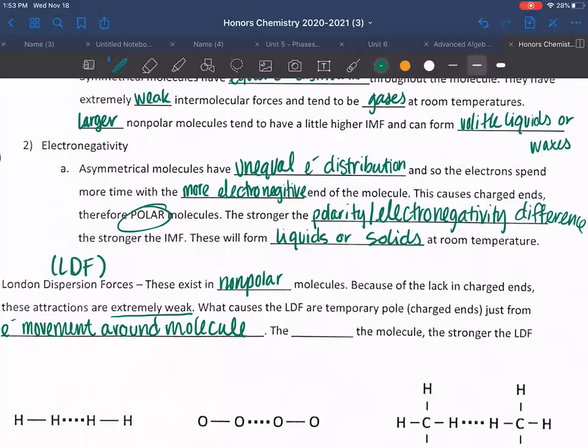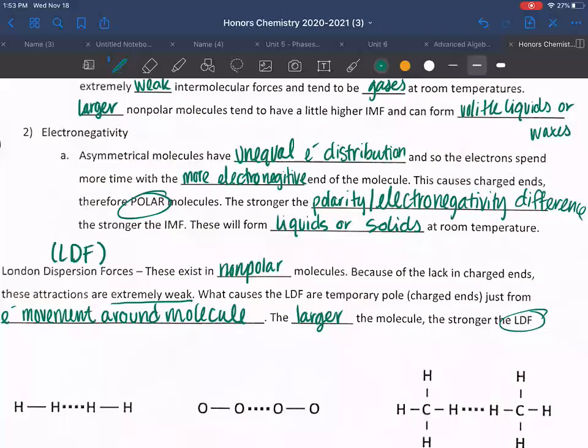There's not much attraction that comes from this. Another thing to note, again, if we have a larger molecule, then we have a stronger London dispersion force. And that's why I pulled these examples for you guys.